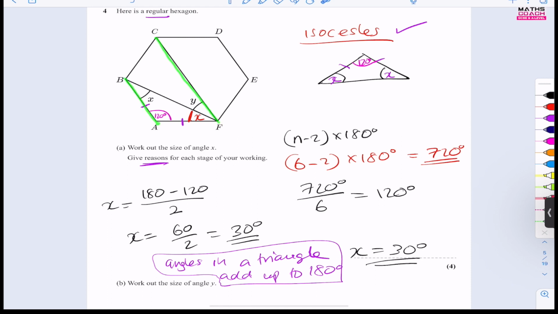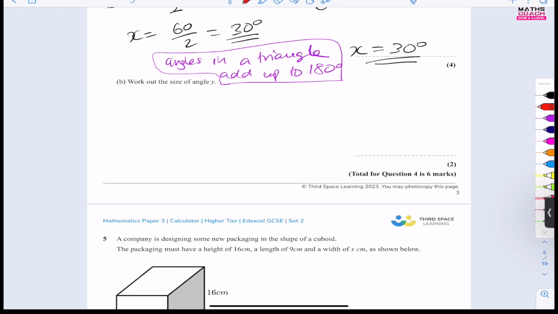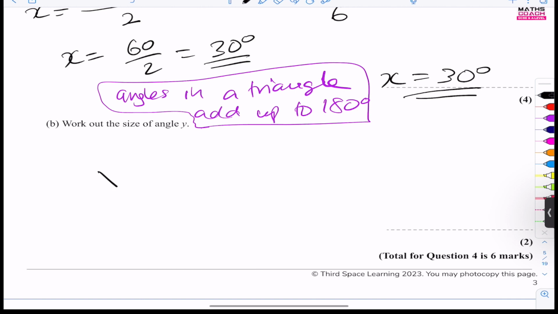Now, because it's a regular hexagon, remember that, these two lines would be parallel, okay? This one will be going this way and this one will be going that way. Now, we have a line that cuts through like that, right? Which means that there's a relationship between the angle x here and the angle y there. So let me quickly show you this on a separate diagram. So if you have two parallel lines like this, and you have a line that comes through like that, then this angle here and this angle here are related.